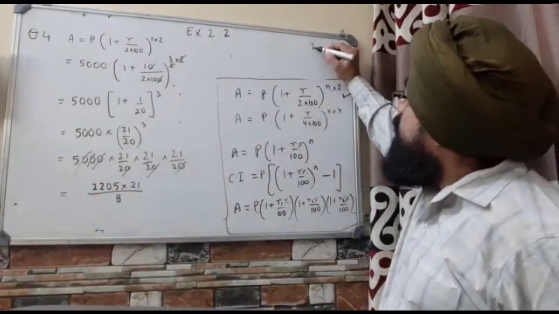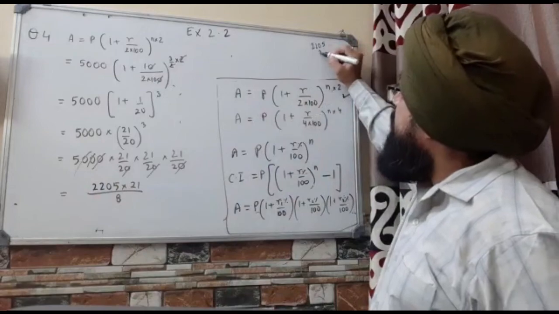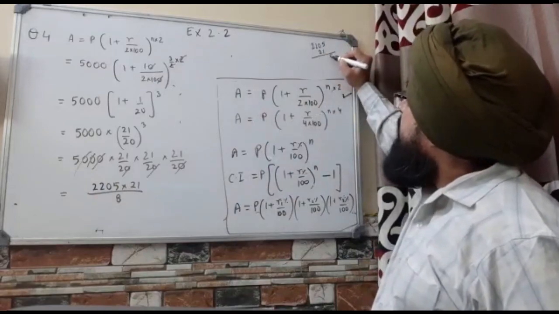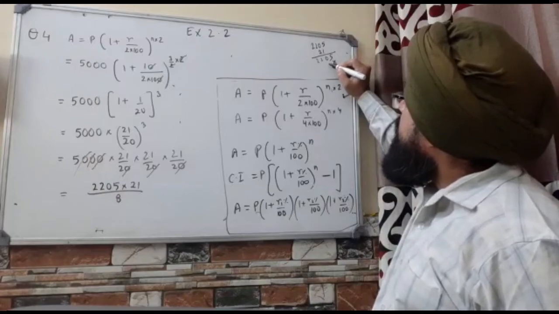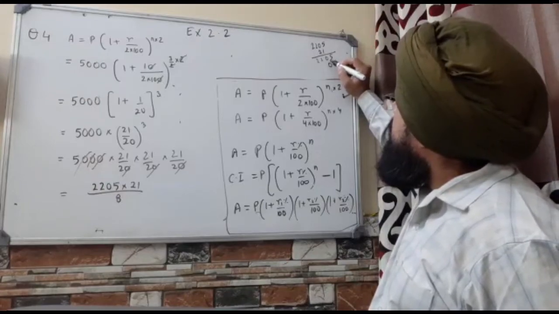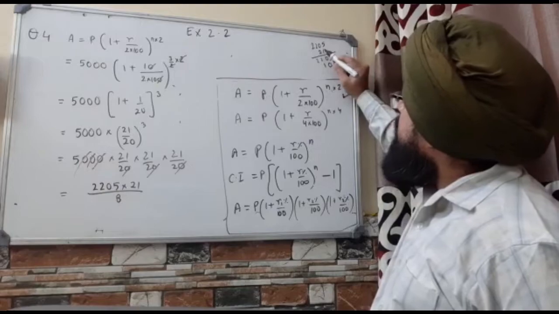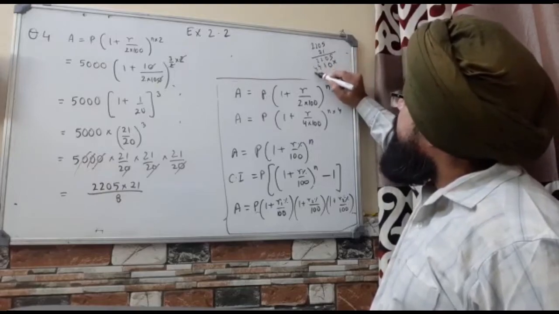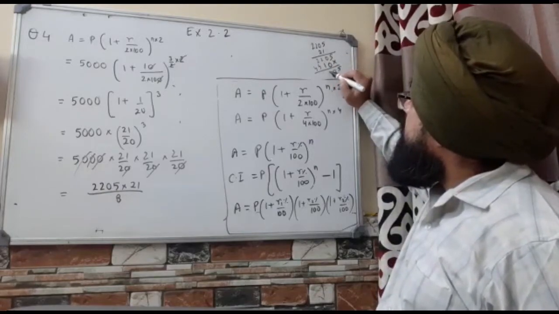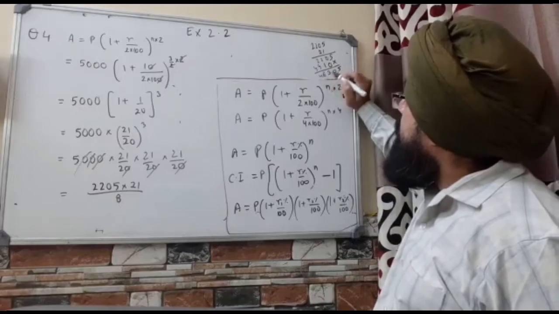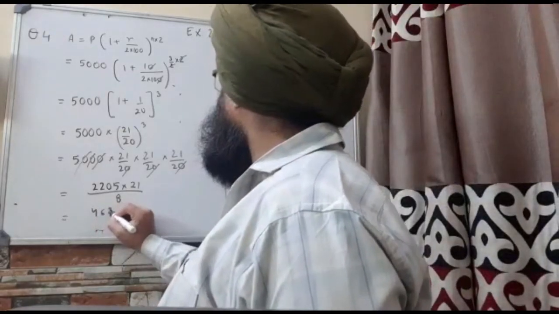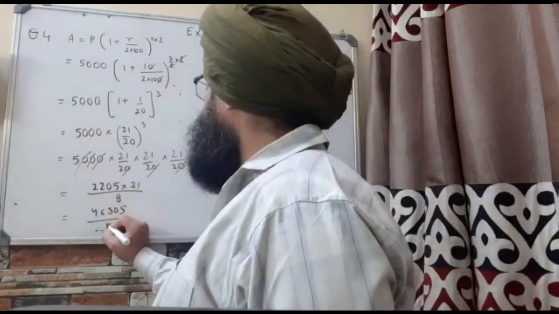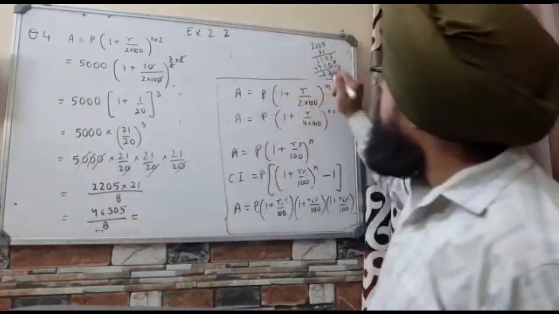So you see 2205 into 21 is what? 2205 times 21, and then 2 fives are 10. So 10, 2 to the 4 and 2 to the 4. This comes out to be how much? 46305 over 8.